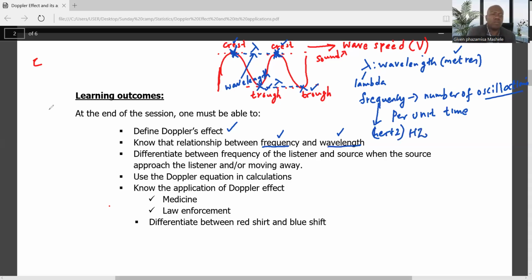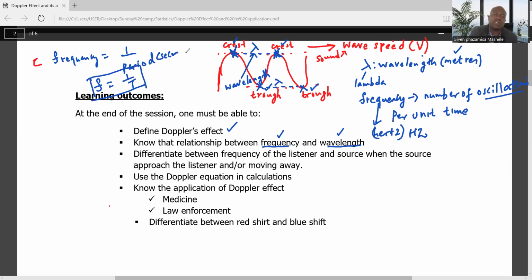You'll recall that from grade 10, we calculated frequency using F equals 1 over T, where T is the period. So if we know the period, we can calculate the frequency.